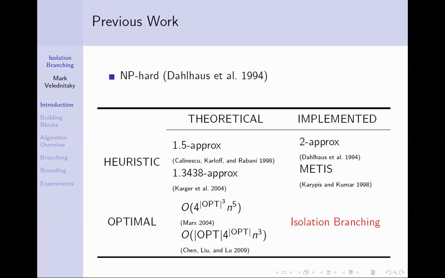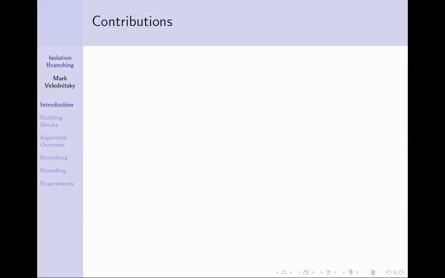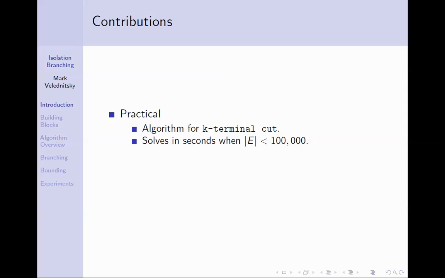So our goal is to fill in what we believe is the missing link here, and to find an algorithm which is both practical enough that can be implemented and returns the optimal solution. Granted, it won't be polynomial time. So our key contribution here is a practical algorithm.